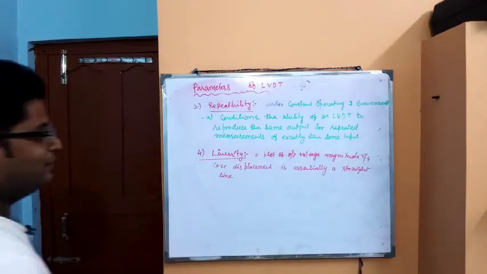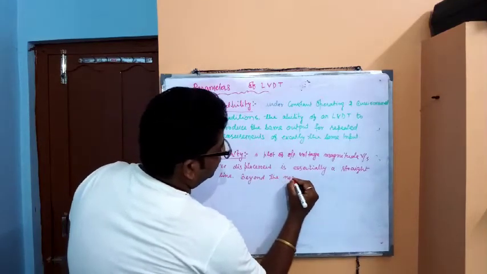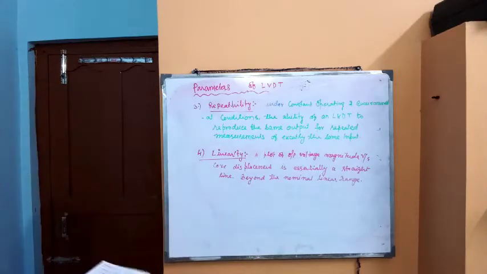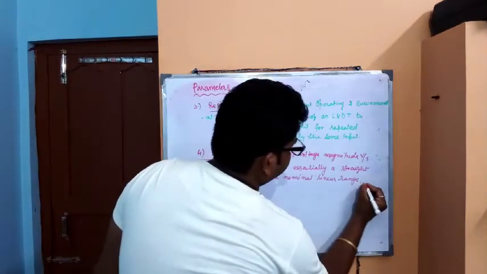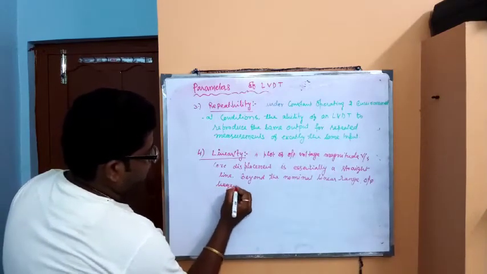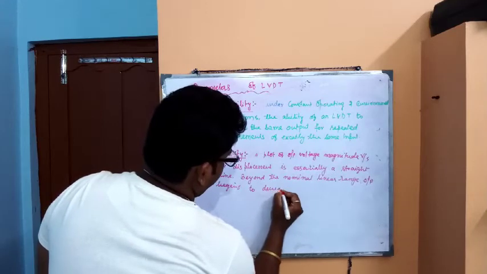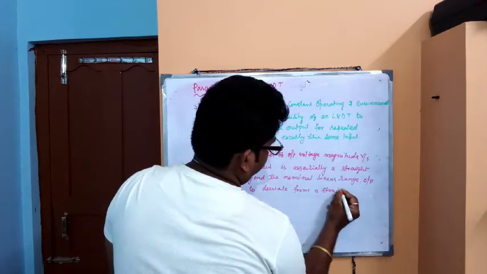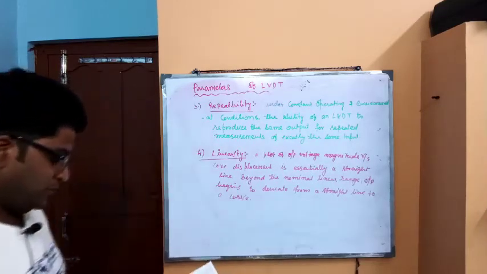Beyond the nominal linear range, the output begins to deviate from a straight line into a curve.